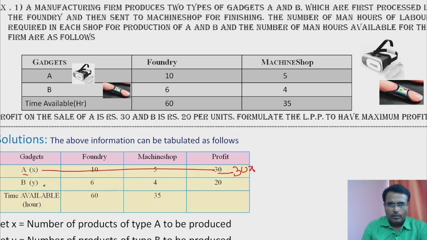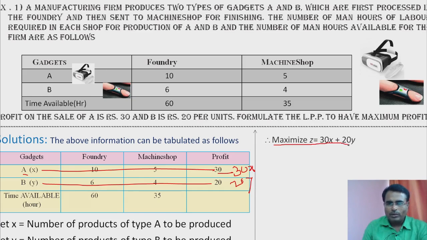Similarly, 1 unit of B gives 20 rupees as a profit. So y units of B give 20y as a profit. So total profit is 30x plus 20y, and that's why your objective function will be maximize Z equal to 30x plus 20y. So this is the way of formation of objective function.